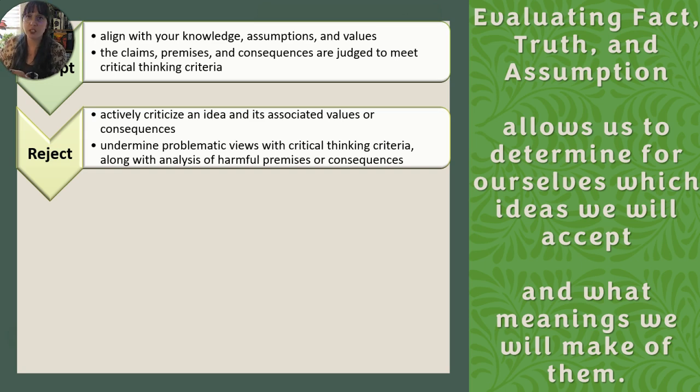So saying the reasons why that view is wrong or bad, along with our imaginative thinking analysis of how the premises are harmful or how the consequences could be toxic. So reading against the grain. I'm receiving information, I'm receiving a message, and I'm like, no, that has so much wrong with it.